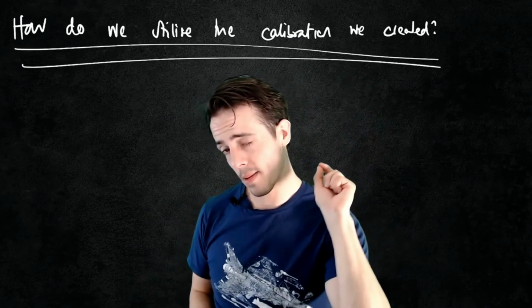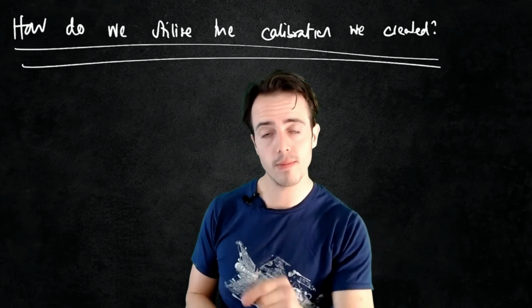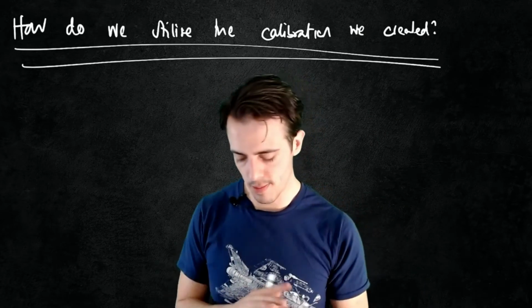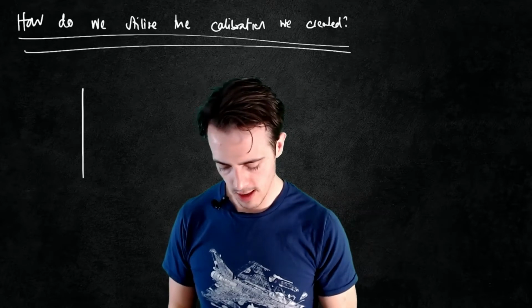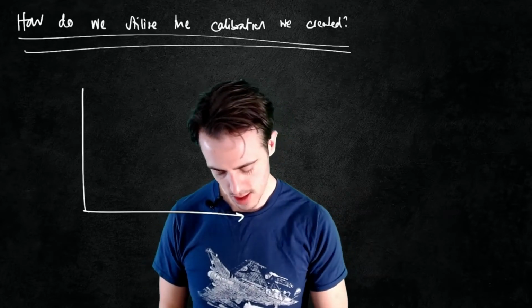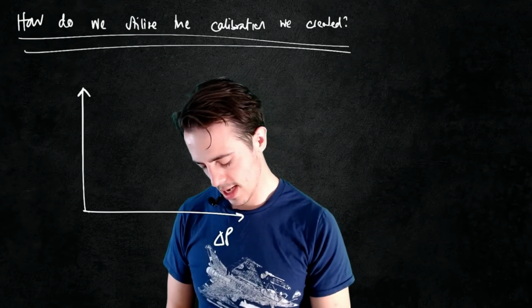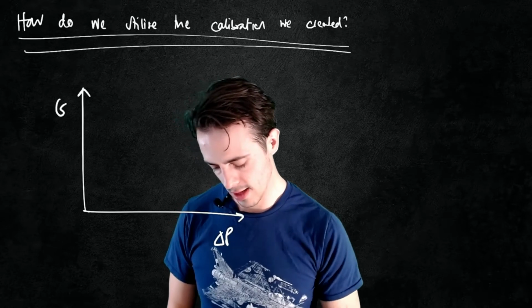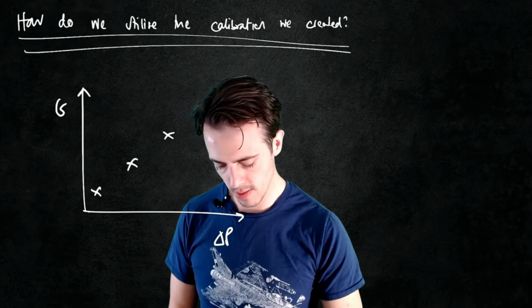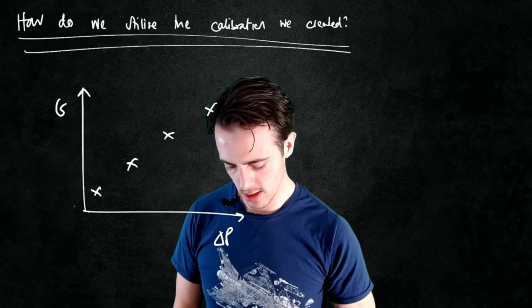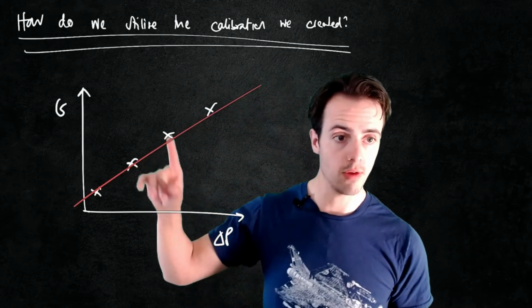First step is for determining the relationship between a device's input and its output. And that's the bit that we've done. So we should have a plot that looks something like delta P, and then we've got the gain on here. So we've got a number of different measurements, and we've got a line of best fit going through here.